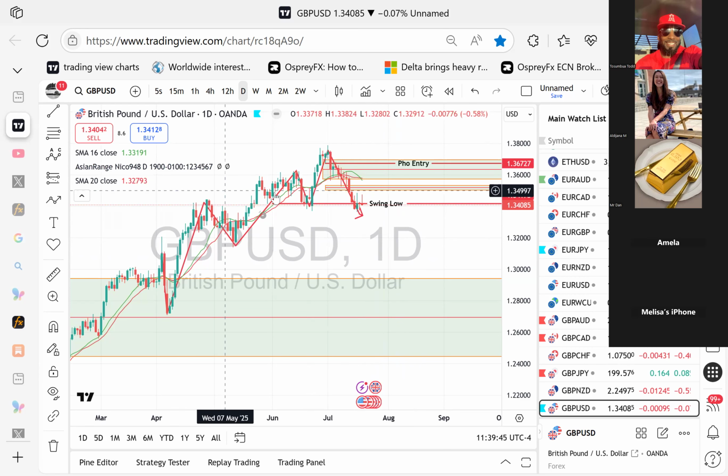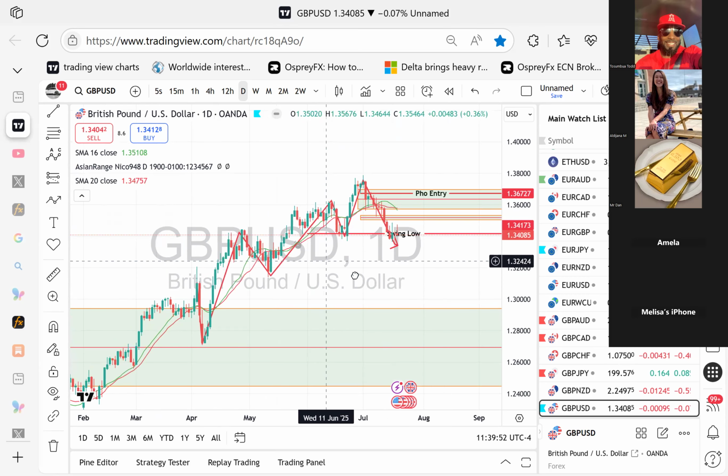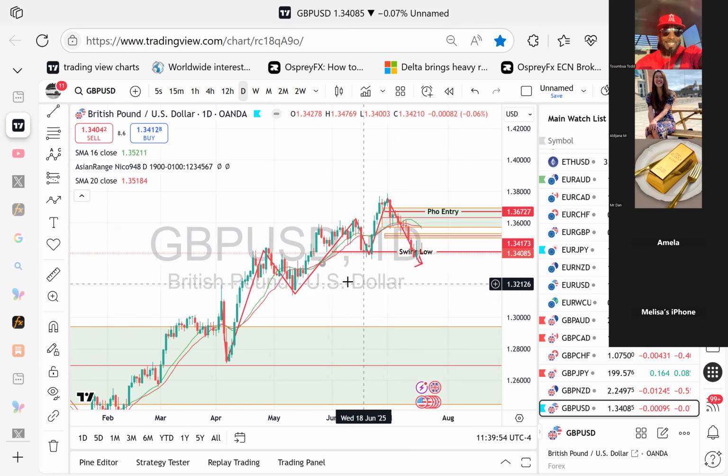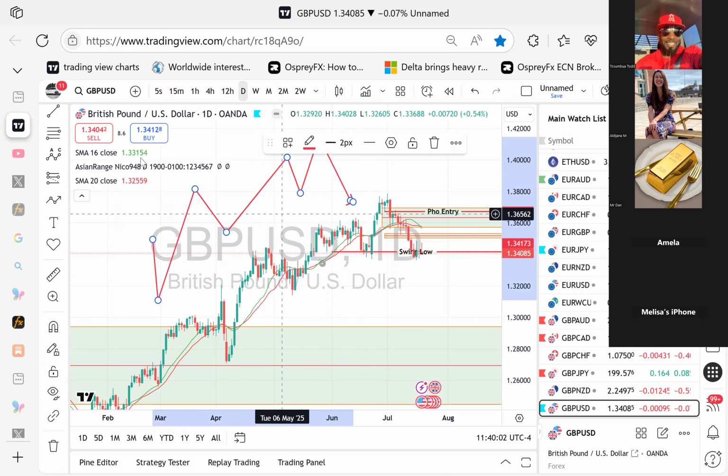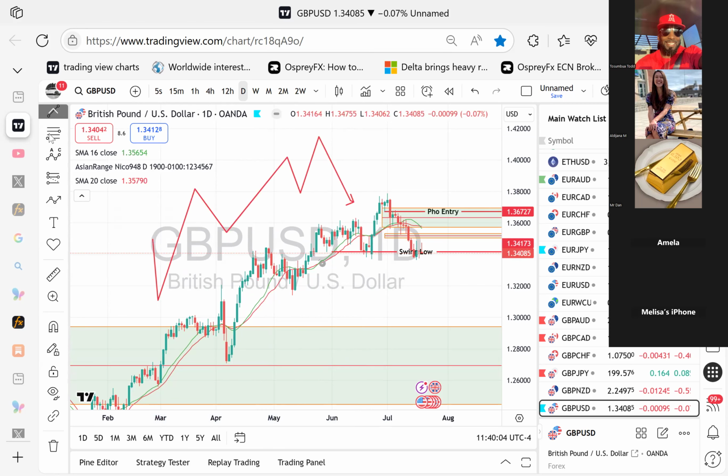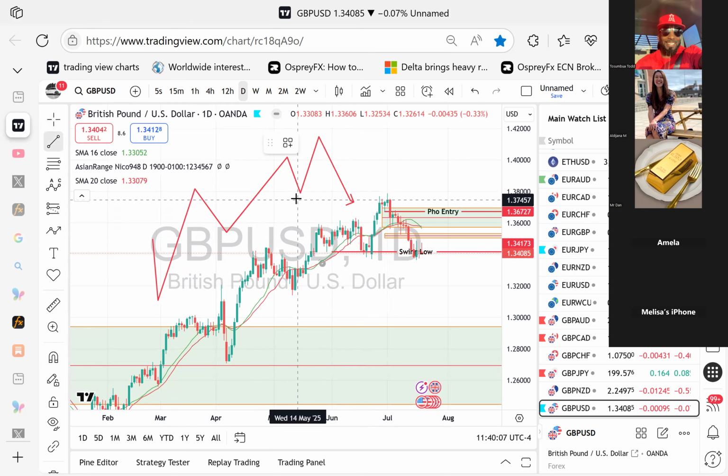So the first thing I did was identify a structure here, right? And let me move this down because this is how I first started learning this. Once I identify my structure, if I move this chart over here, then I can clearly see on my little diagram here that this was a change of character.